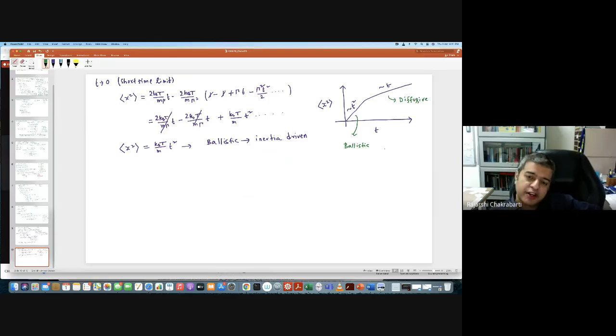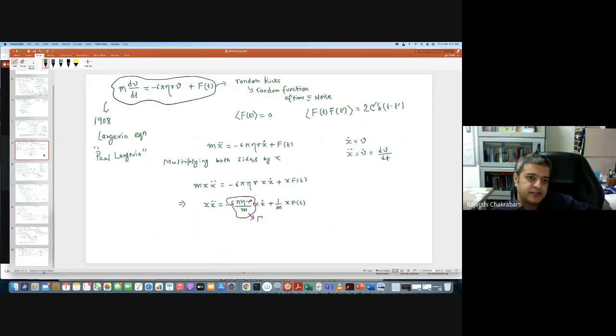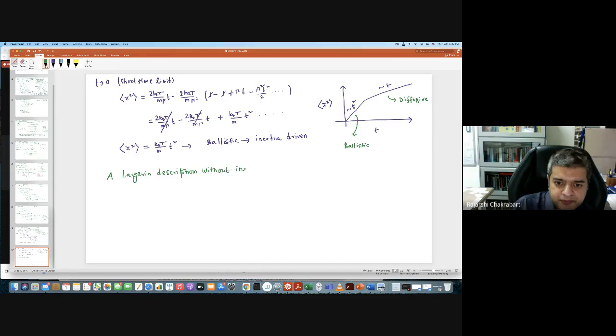It is because we have started with underdamped, which basically means keeping the inertia term in the Langevin description. You understand this term? If I put this term equal to 0, I would have got this. So a Langevin description without inertia will have something like 6 pi eta R v, that is x dot, equals this.